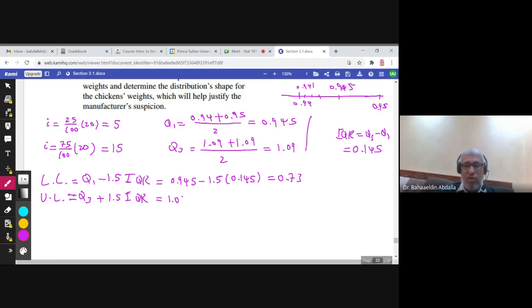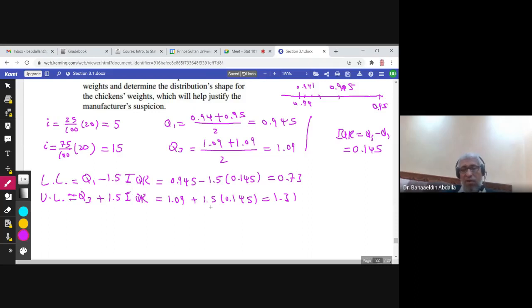Q3 is 1.09. I add 1.5 times 0.145, and I find that the answer is 1.31.